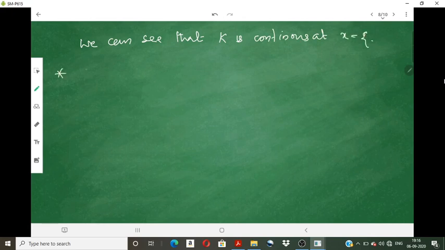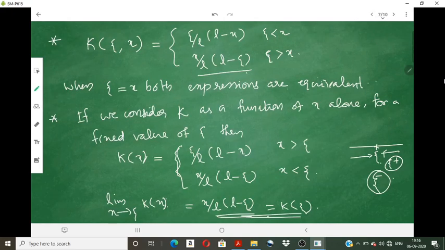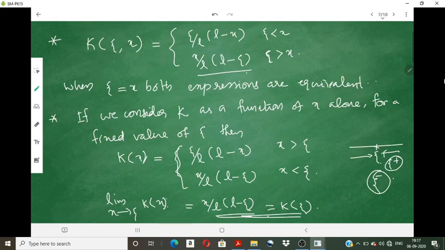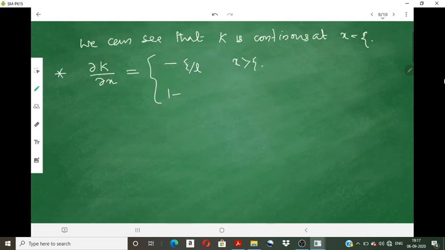Now we talk about its partial derivative, dou k by dou x. By definition, dou k by dou x is minus theta by L when x is greater than theta, and 1 minus theta by L when x is less than theta.